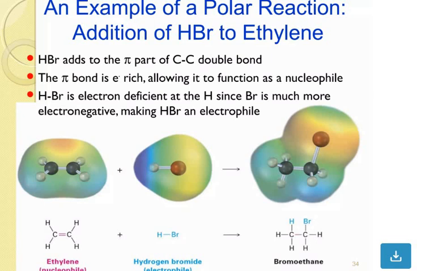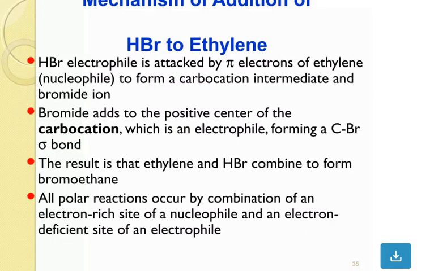So HBr electrophile is attacked by pi electrons of ethylene nucleophile to form a carbocation intermediate and bromide ion. Bromide ion adds to the positive center of the carbocation, which is an electrophile, forming a C-Br sigma bond. The result is that ethylene and HBr combine to form bromoethane.